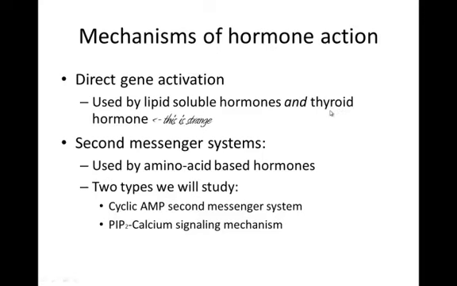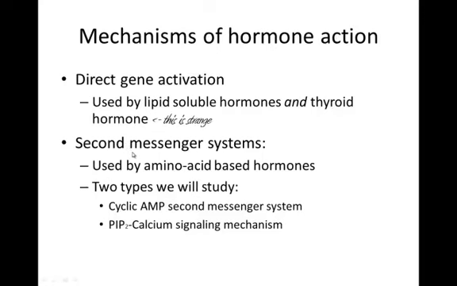I believe it's because it's so small. Thyroid hormone is made of the amino acid tyrosine, just one little amino acid, so it's very small. So it's an amino acid-based hormone, but it uses the direct gene activation system. But all of our steroid-based hormones use direct gene activation to influence their target cells, while all of our amino acid-based hormones use second messenger systems.